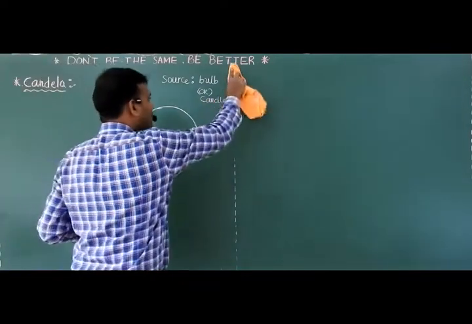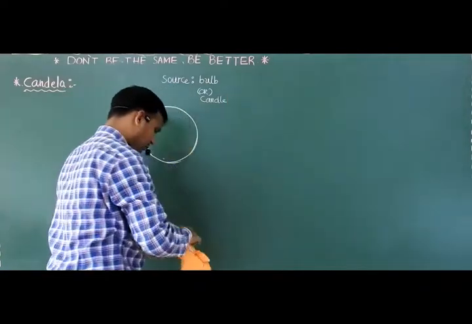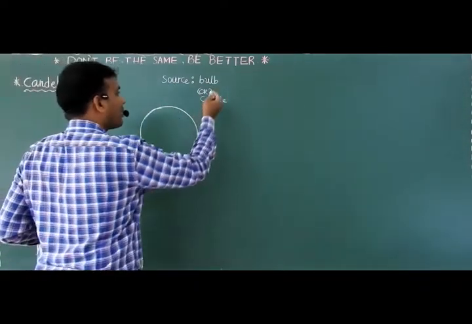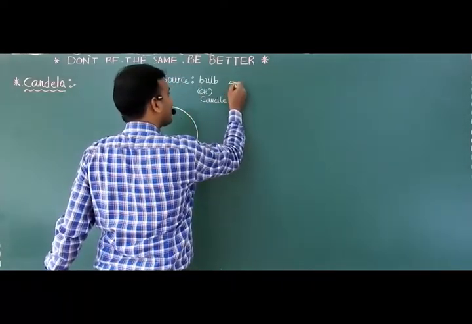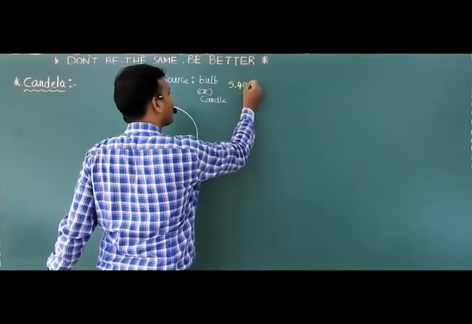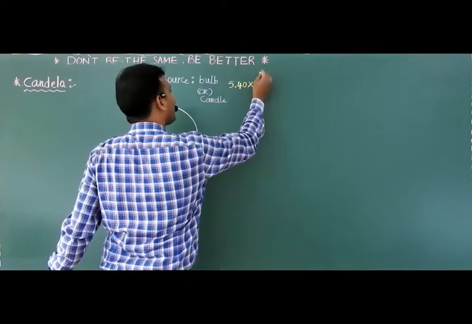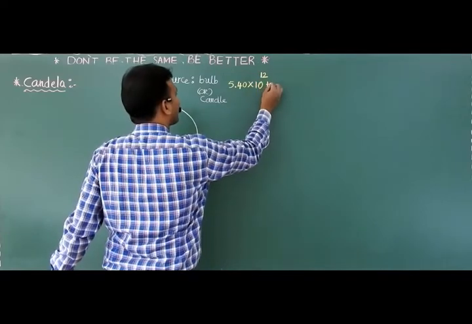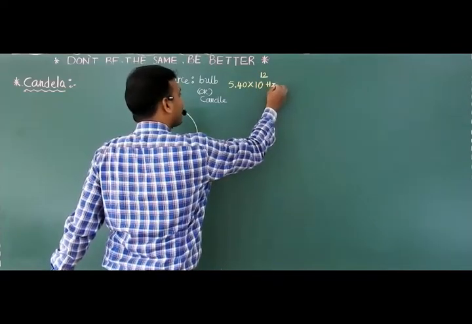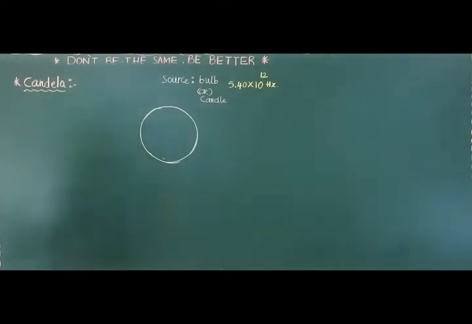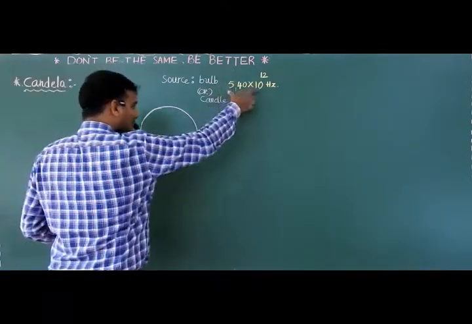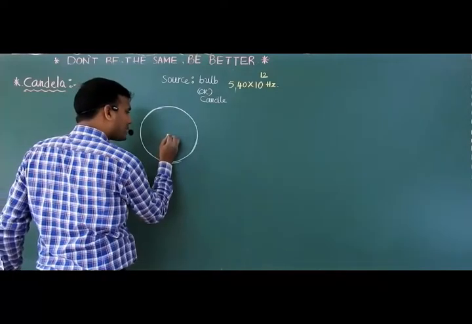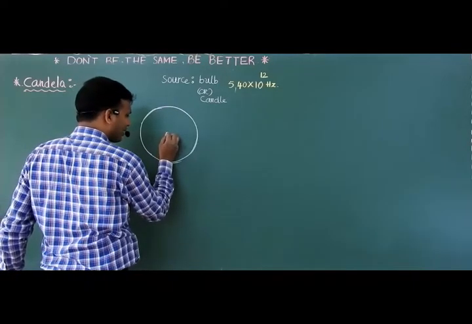This source of light produces radiation of frequency 5.40 × 10^12 Hz. Such a source we have to take. This source must be placed at the center of the sphere.